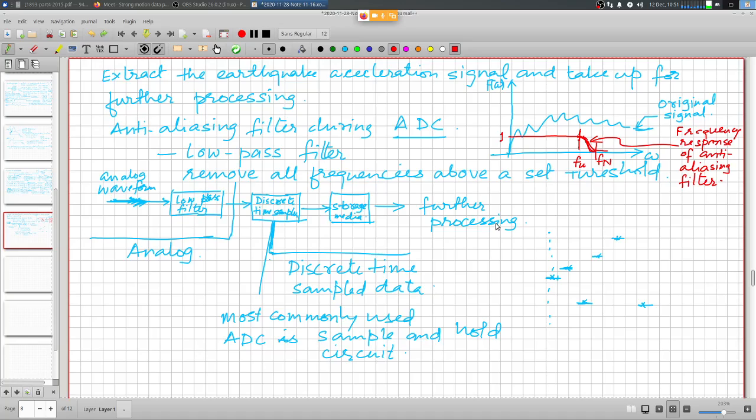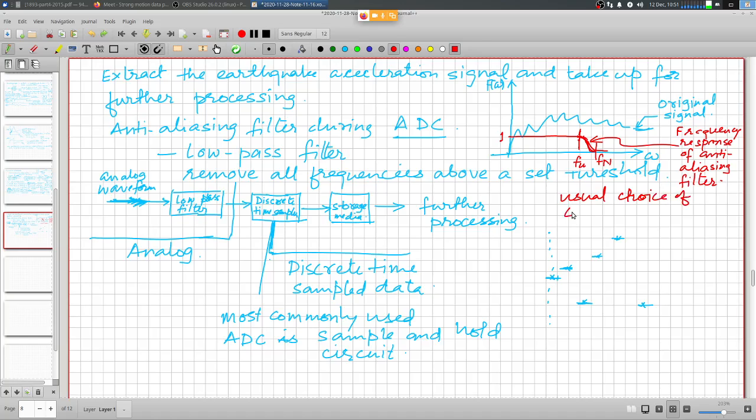It depends on the order of the filter, the number of poles of the filter, and typically we use a 4-pole Butterworth filter.